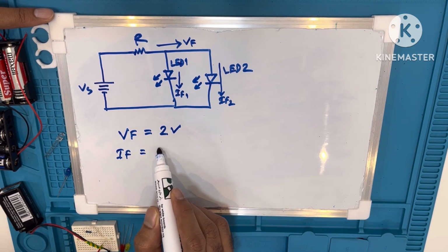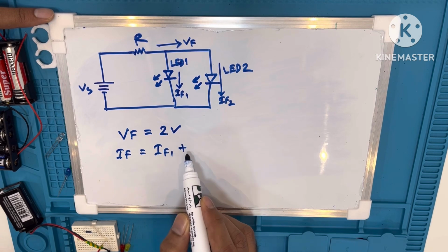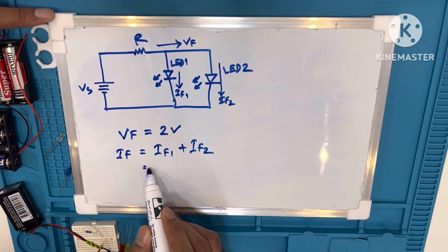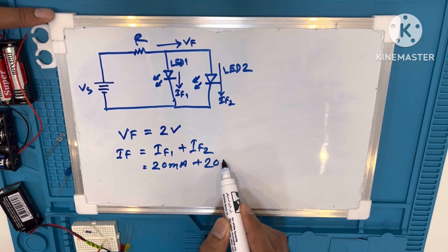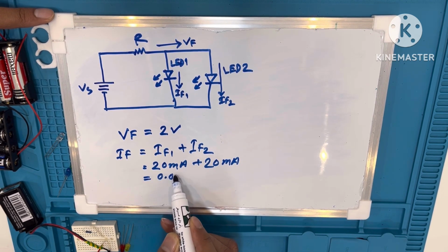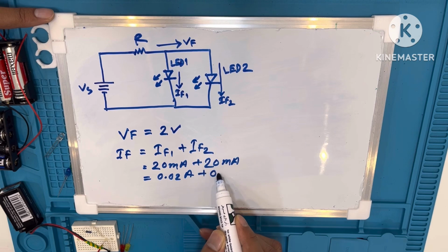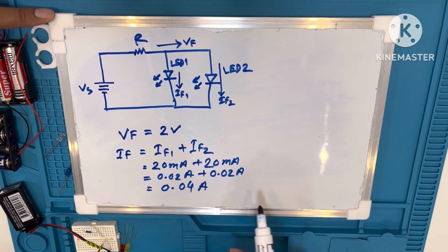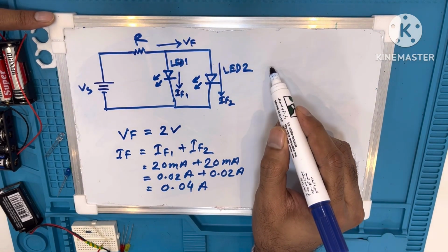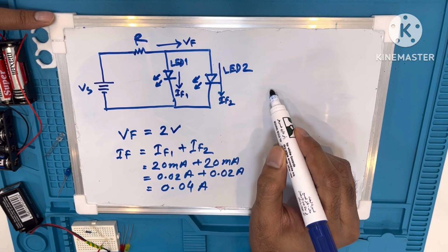The forward current will be the sum of the two individual forward currents. IF1 is 20 milliampere and IF2 is 20 milliampere, which is 0.02 and 0.02 ampere. The total forward current is 0.04 ampere.